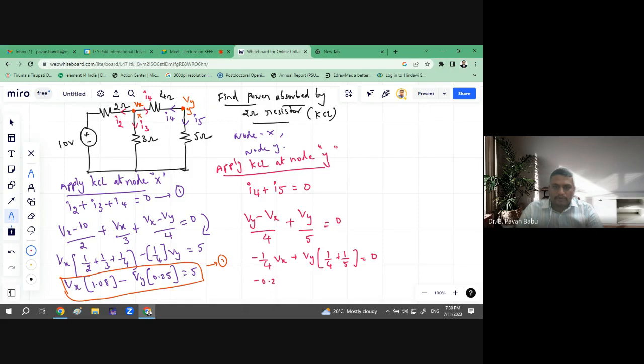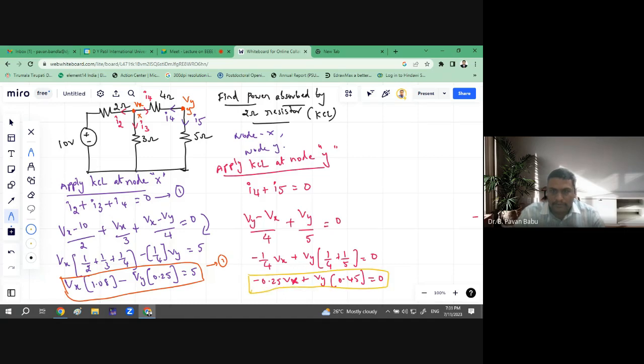So it is minus 0.25 into Vx plus Vy into 0.45, since 1 by 4 is 0.25 and 1 by 5 is 0.2, equal to 0. Let it be equation 2.